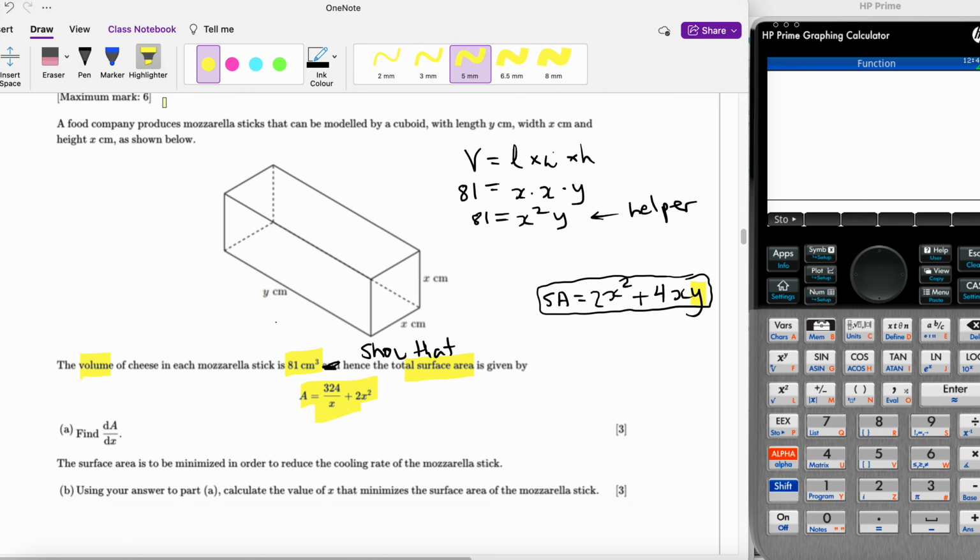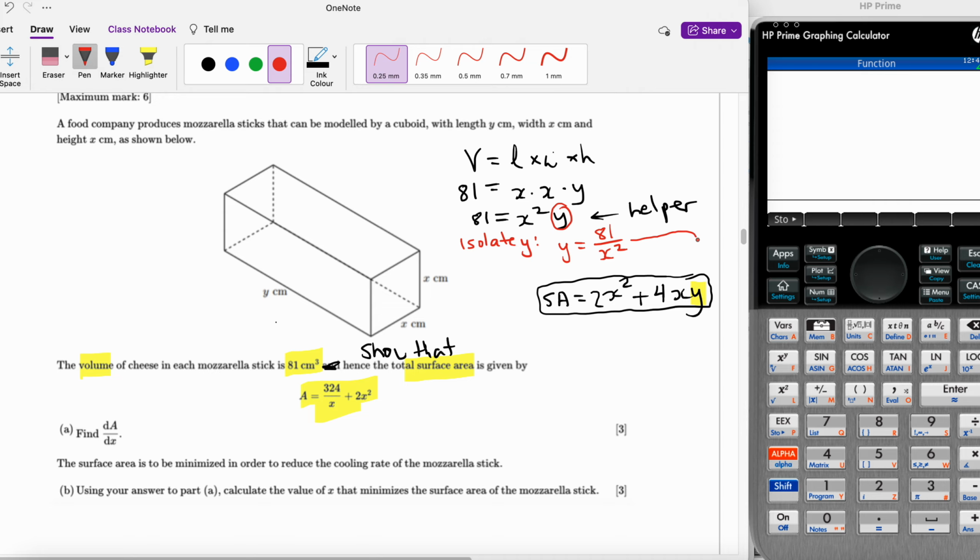So this is when we call back onto our helper function, and what we're going to do is always isolate for y. The way we do that is by dividing both sides by x squared, and we're going to end up with 81 over x squared.